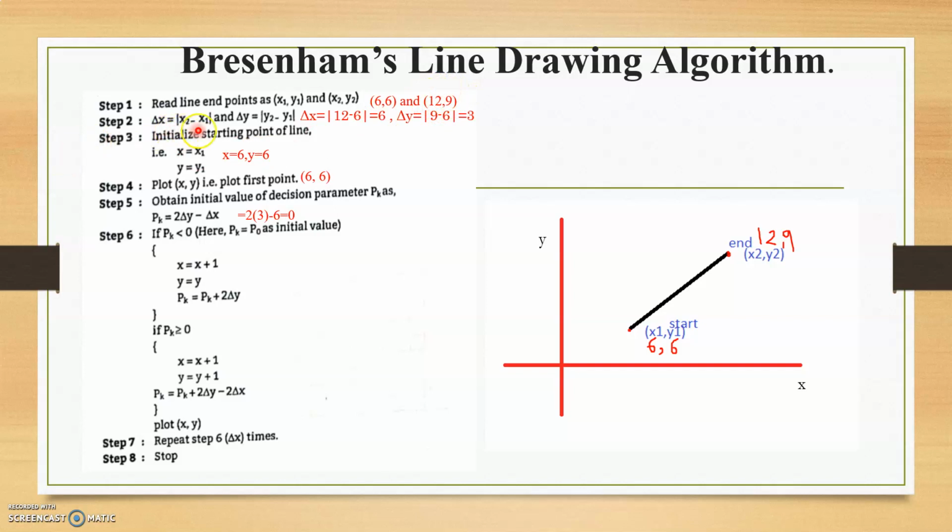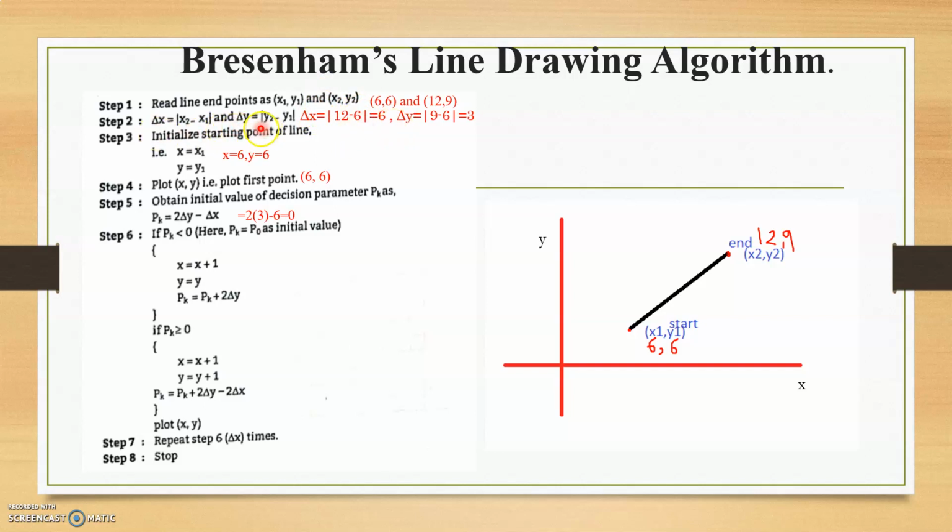Next we have to find the values of delta x and delta y. Delta x equals the absolute value of x2 minus x1. Here x2 is 12 and x1 is 6, so delta x equals the absolute value of 12 minus 6, which equals 6.